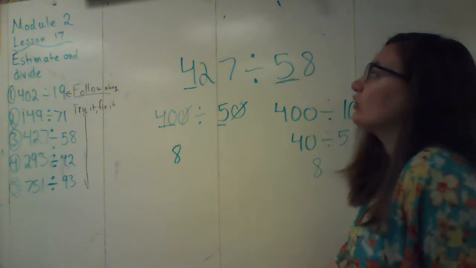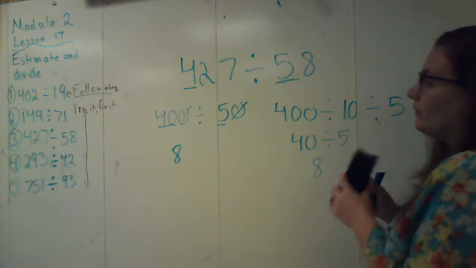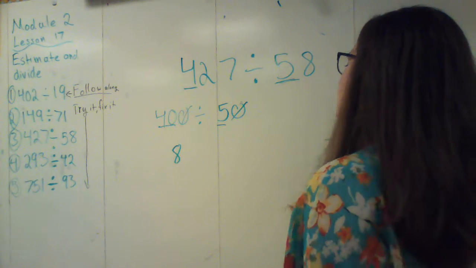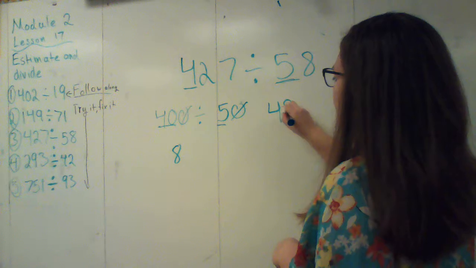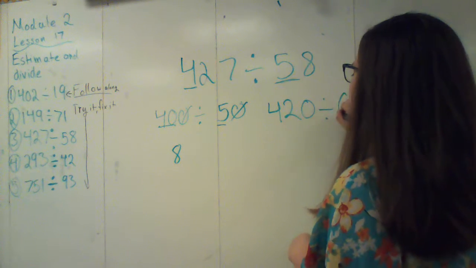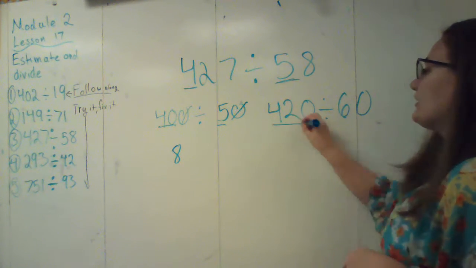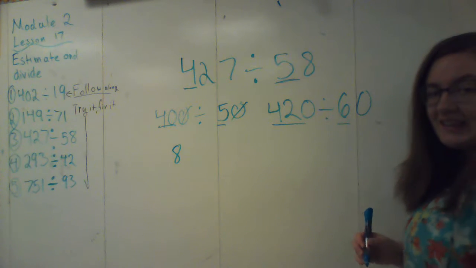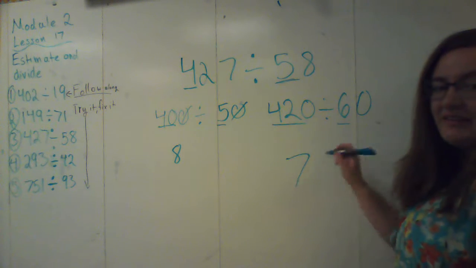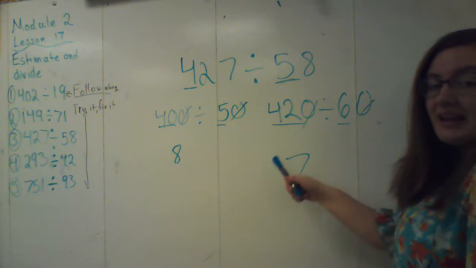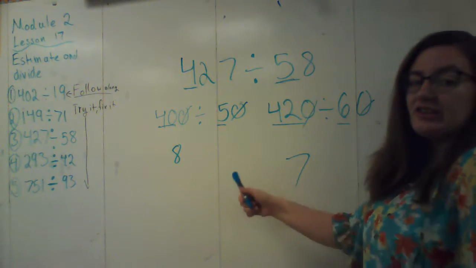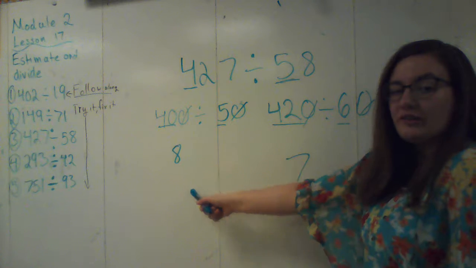I can also show you, we could also do 420 divided by 60, because I can do 42 divided by 6, which is 7, and then cancel out my 0. And then I get a 7, and even though it doesn't match this 8 from earlier, they're still close enough to each other.